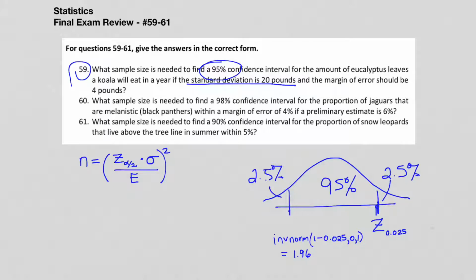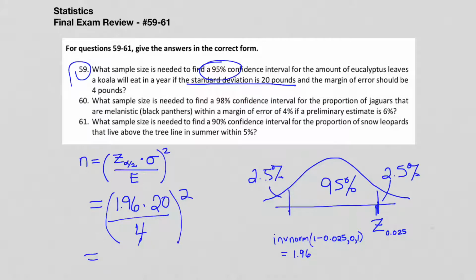All right, so now I can come back to my formula, and I've got 1.96 times sigma, which is 20, divided by the margin of error, which is 4. And I take that whole thing and square it.